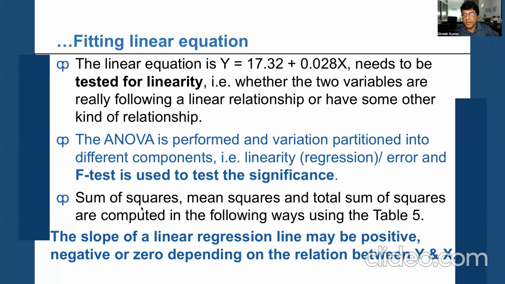The slope of a regression line may be positive, negative, or zero depending on the relation between y and x. Means you can get the value of b, regression coefficient, as positive or negative, or sometimes it can be zero also.